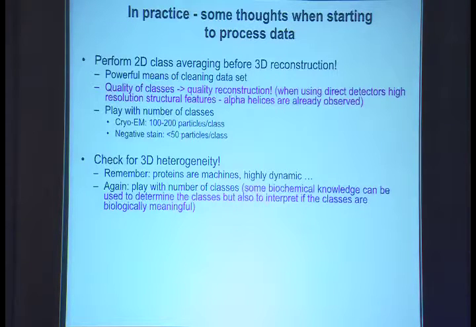In this case, some biochemical knowledge can be used to determine how many classes, and also to interpret if the classes are meaningful. You have to remember that if you ask the program to classify the particles into 5 or 6 classes, it's going to do that. But what comes out, you need to interpret very carefully.